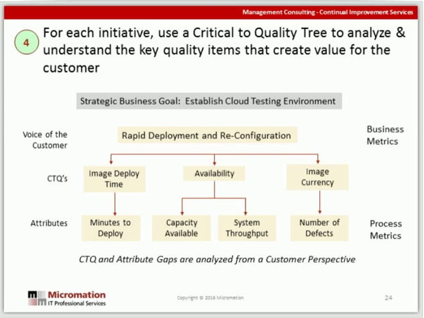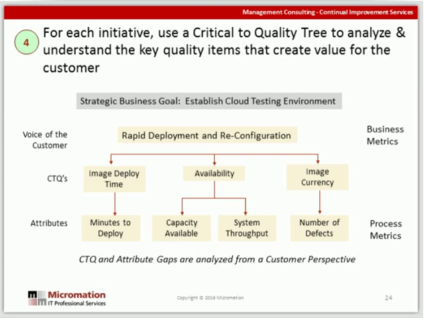And we say, if we're going to create that value, in this case, rapid deployment and reconfiguration, what are the critical to quality items, the CTQs, that are necessary? So things like image deployment time, availability, the currency of the image are all critical to the quality of ensuring that rapid deployment happens.